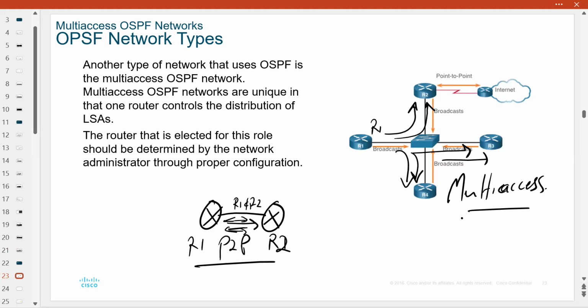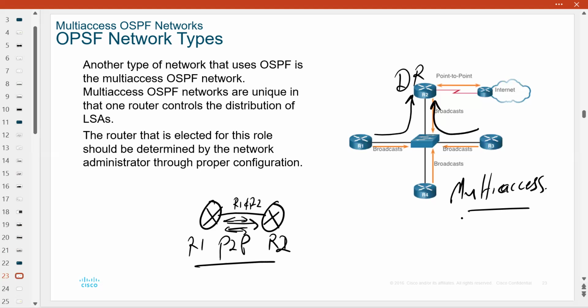And in OSPF, that's why we have a DR election, designated router. With a designated router, we have only one router which is chosen. So when we want to send our hellos, our updates or advertisements, if this is our DR, we send our updates to this router here, instead of broadcasting.